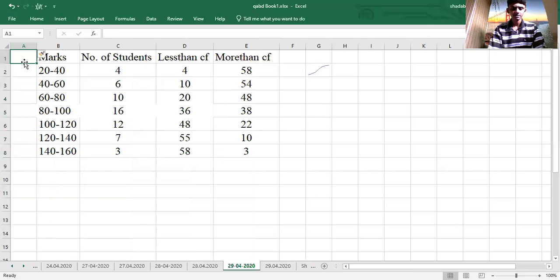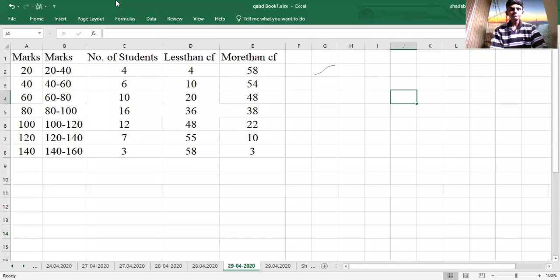Marks I will write here, all the marks values. By taking this, we have to draw the graph. Take this marks as x-axis and this frequencies as y-axis, and we have to mark this less than and more than frequencies which they have given.